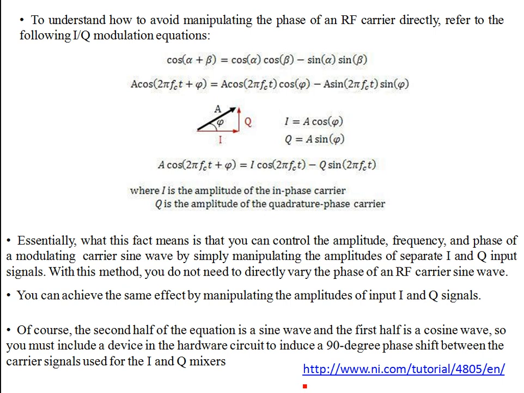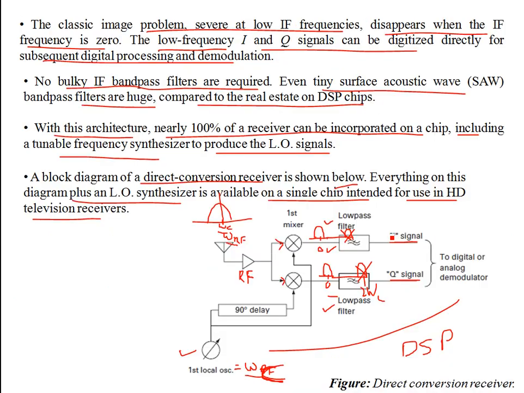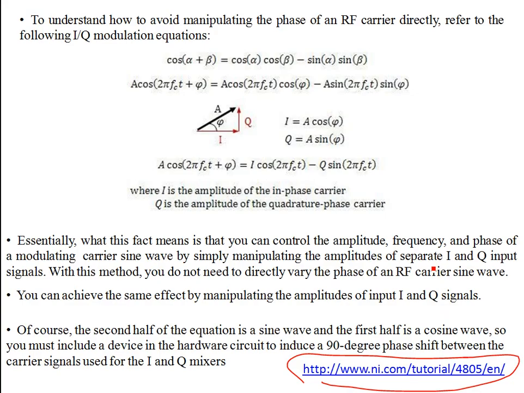Now there's a very interesting article shared on the National Instruments webpage, for those of you who are interested in reading more about IQ modulation. To figure out the hardware required, for example, over here you had these IQ signals. So how do you modulate and demodulate these IQ signals?